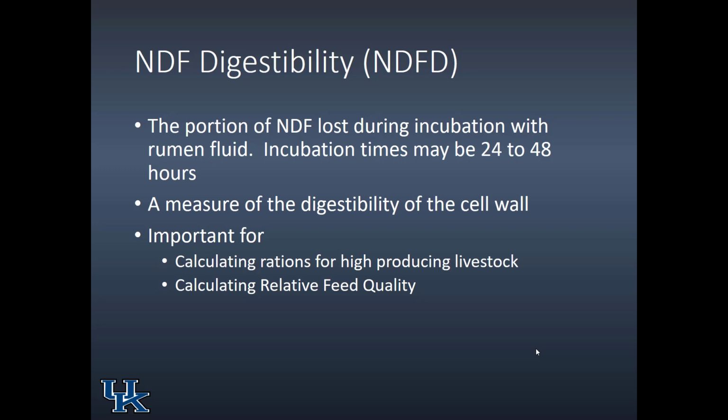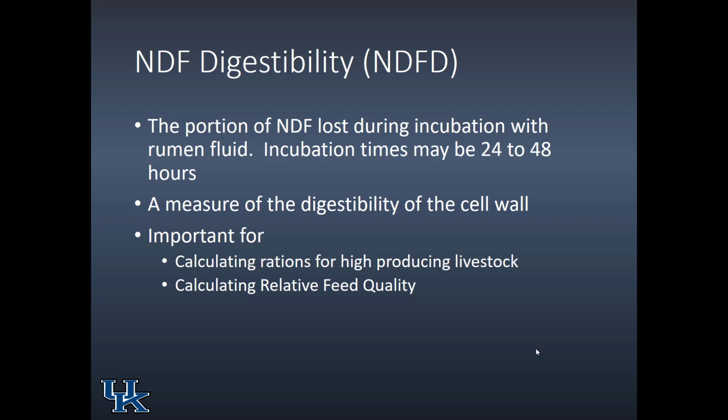Now, an NDFD of 48 is going to be pretty well the max amount that you can digest from a forage. Usually we want an NDFD 30 because it's important to know how much NDF digests over a day, because you don't want to fill up a rumen with fiber that takes 2 days to leave the rumen.